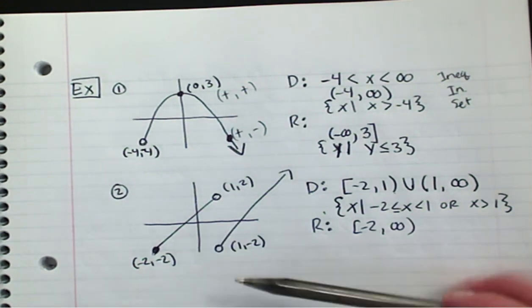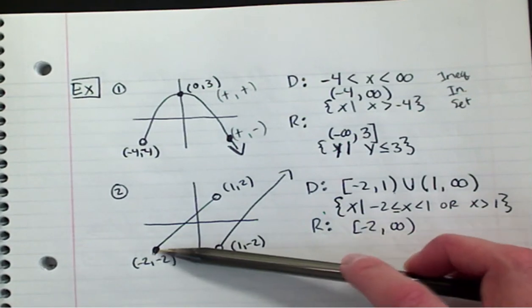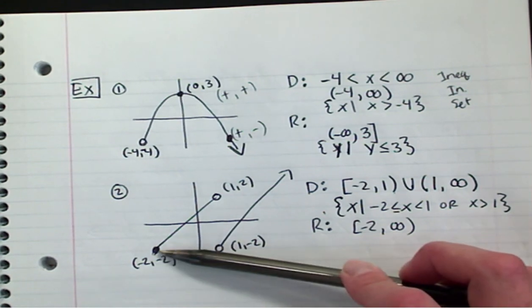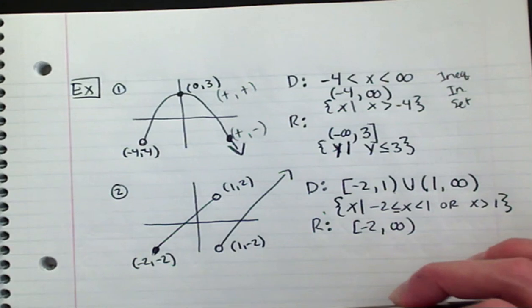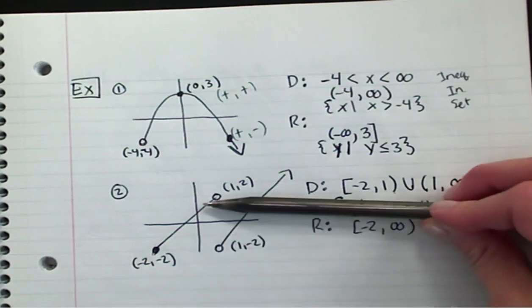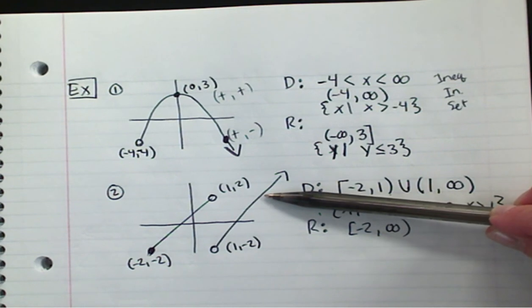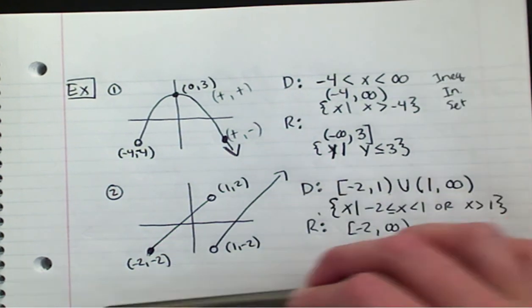You see, yeah, this endpoint's included and this one's not, but is -2 included? Yes. If you say yes anywhere, it's included. See this one that's open? Oh, but wait, it's filled in over here, so it's included. The overlap is tricky.